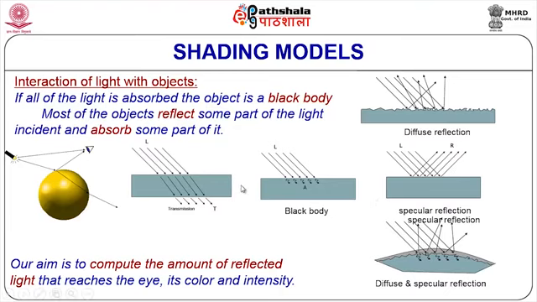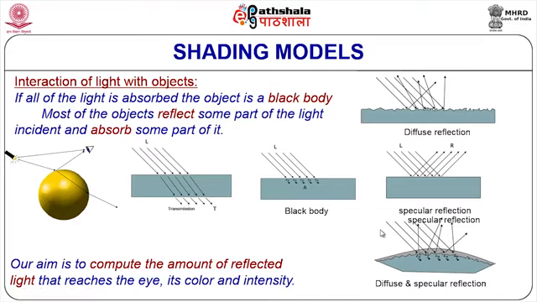The other kind of reflection is specular reflection. In surfaces that exhibit this property, when the light is incident, the whole of the light gets reflected in only one particular direction. That means you will see a bright spot on the surface, which is called a specular highlight. As we can observe, most surfaces exhibit both specular and diffuse properties.